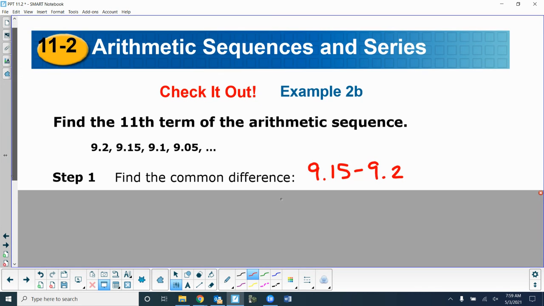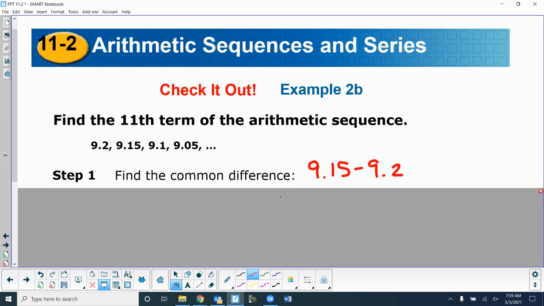Right, negative, isn't it? Negative 0.05, right?